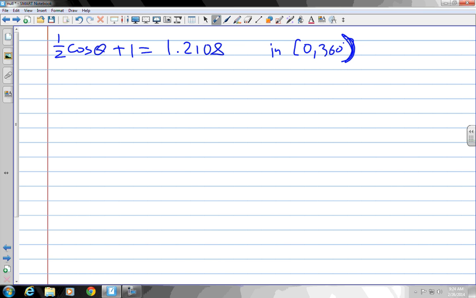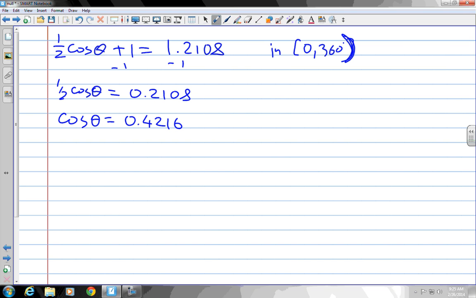Okay. So again, start solving algebraically. Subtract 1 from both sides. So it gives you 1/2 cosine theta equals 0.2108. So solve for cosine. Then multiply by 2 to get cosine by itself. So cosine theta equals 0.4216, right?